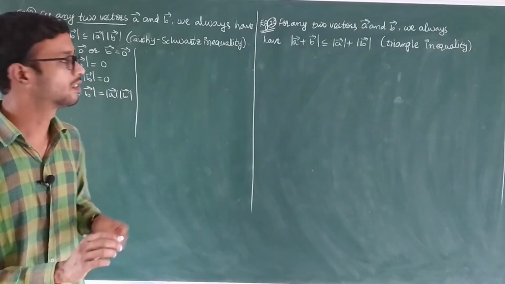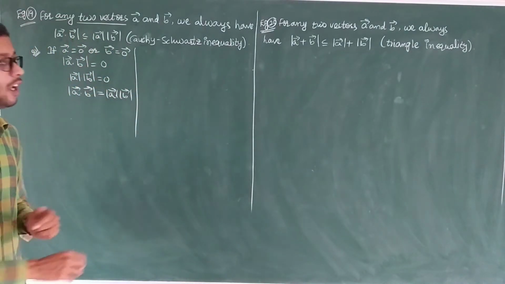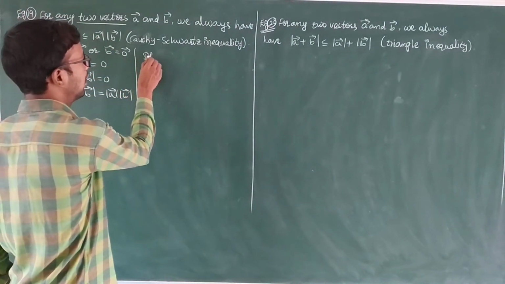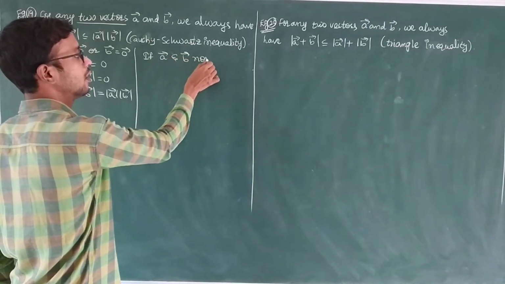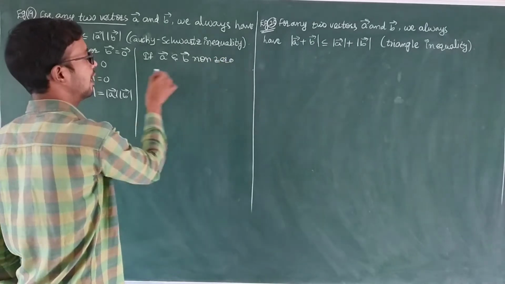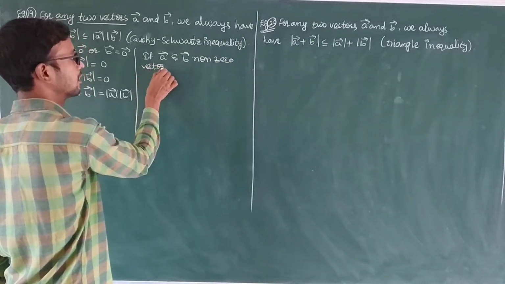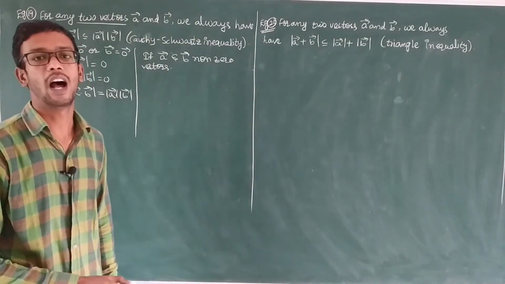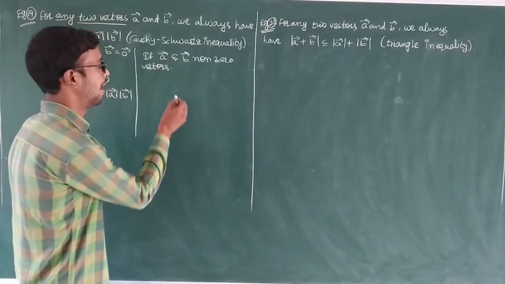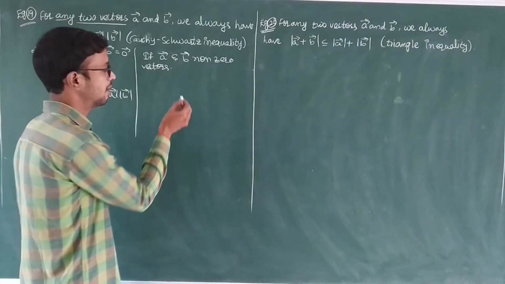how will we show this one? If A bar and B bar are non-zero vectors, that time I use the cos theta formula. What is the cos theta formula?